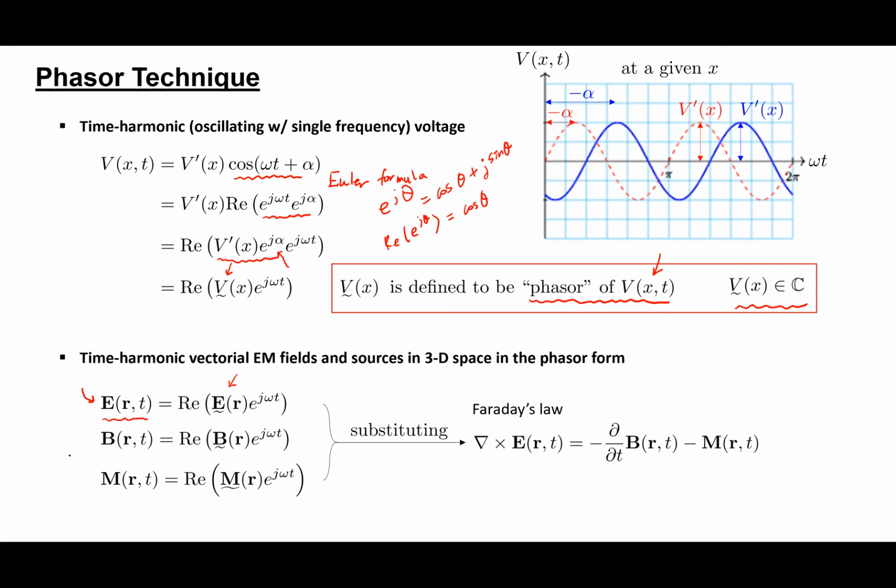Likewise, we can also represent the time harmonic magnetic field in the phasor form, and what M is here is just the magnetic current.